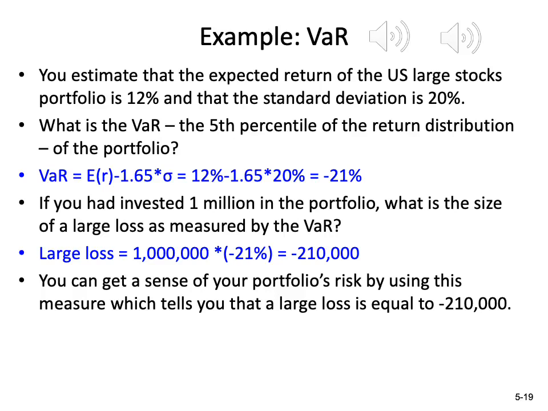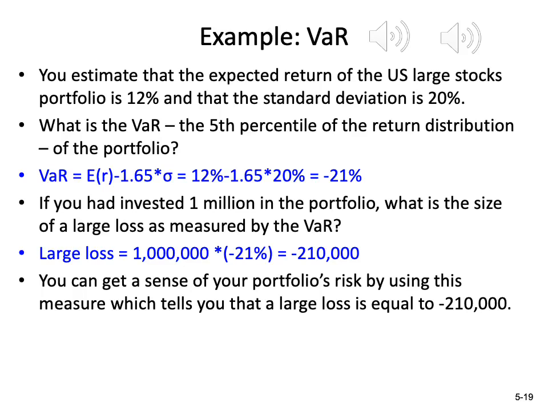It means if you had invested $1 million in a portfolio, the largest loss measured by the VAR is $1 million times 21% loss, $210,000 loss. Basically, the model shows you 95% of the chance your largest loss is going to be smaller than $210,000.